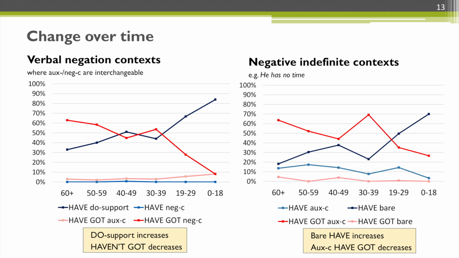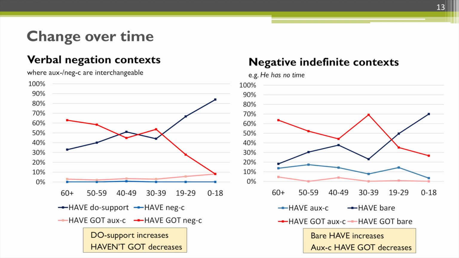So this is don't have, the dark blue line going upwards, and a decrease in the haven't got alternative. Remember, they were the two major variants, and we see that they intersect. So haven't got used to be the majority variant, and now is used a lot less.